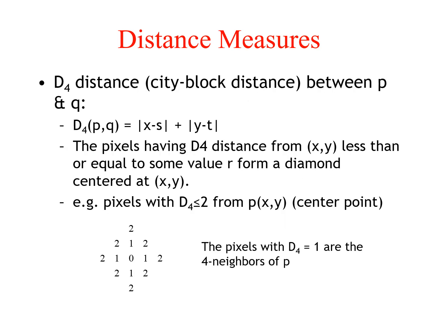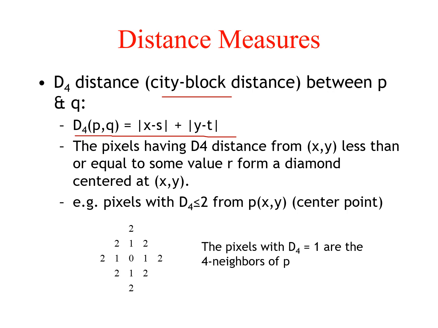Next is the D4 distance, which is the city block distance. In the exam they may ask you D4 or they may ask you city block, so you should remember both names. The D4 distance between p and q is given by D4(p, q) = |x minus s| plus |y minus t|. The pixels having D4 distance from (x, y) less than or equal to some value r form a diamond centered at (x, y). So whatever circle definition is there, if you apply it here you will get a diamond.